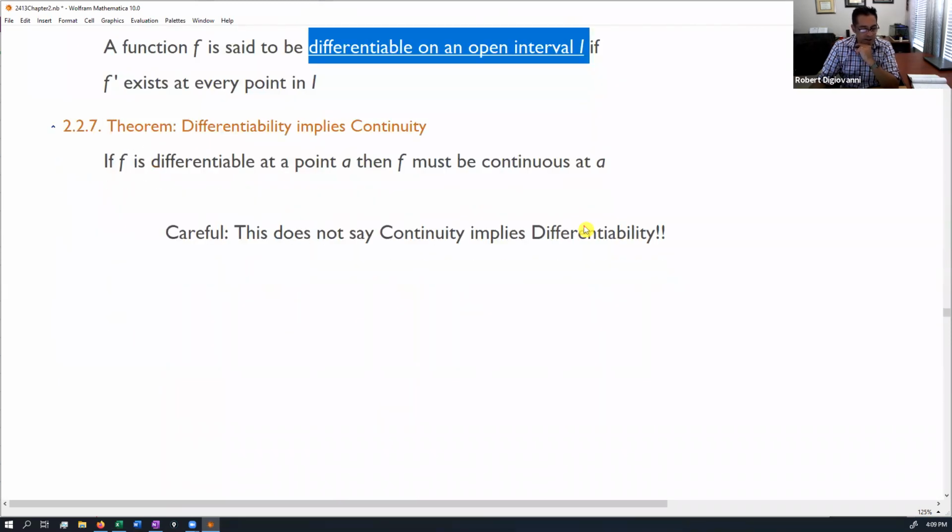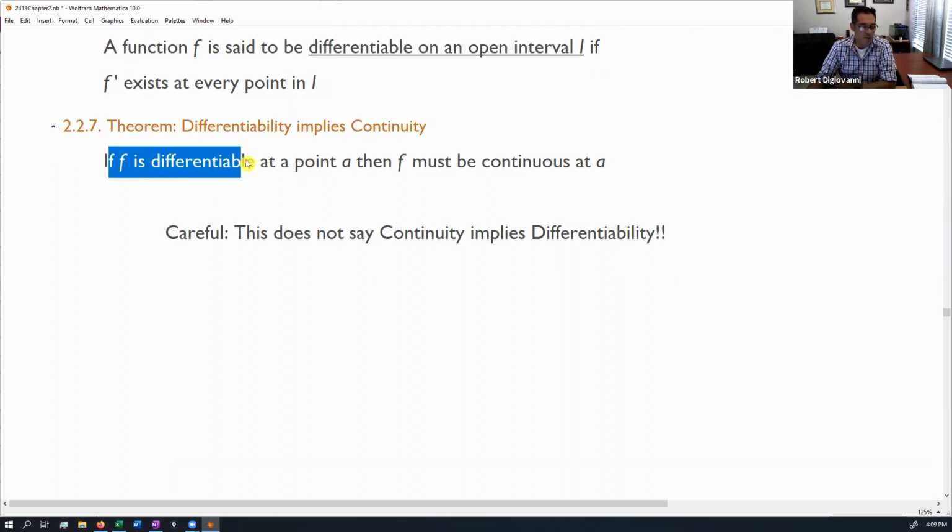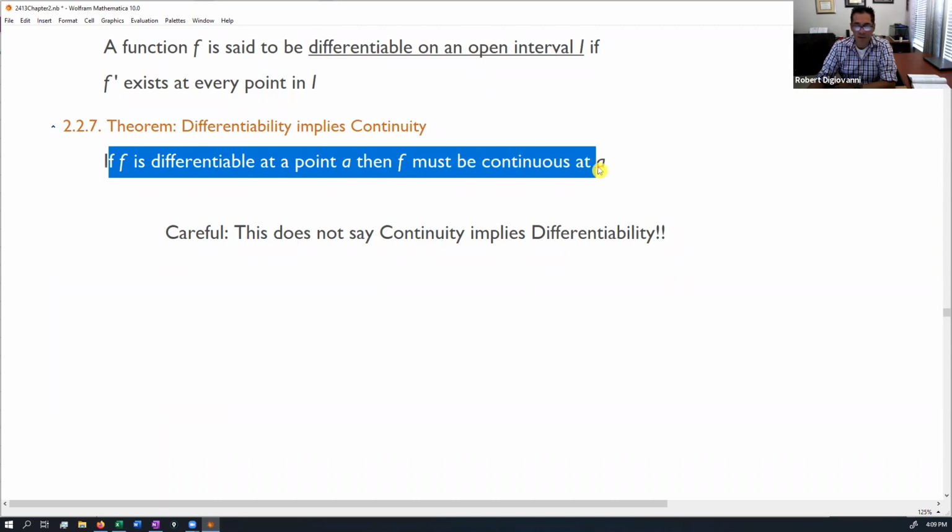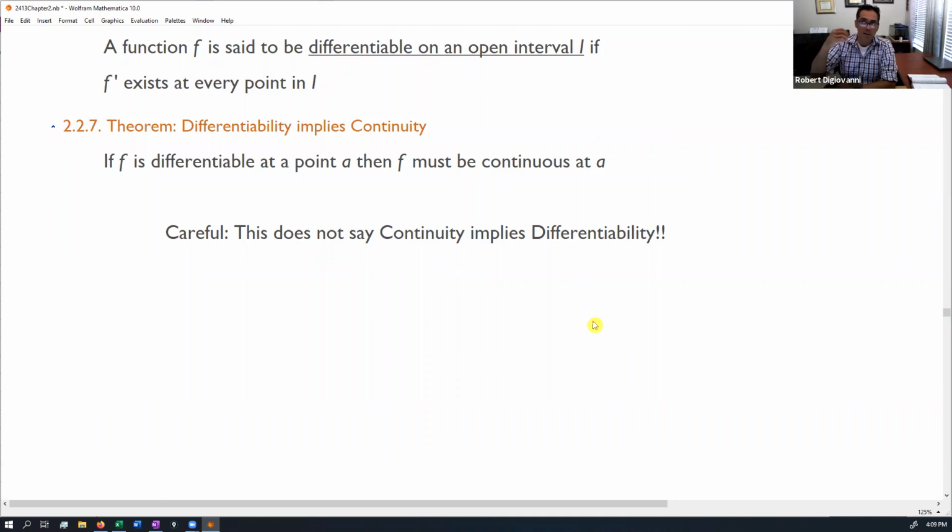Now, this is a nice theorem. It says if you have a function that's differentiable at some point A, then it must be continuous at A. Meaning if the slope of a tangent line exists, then your function must be continuous.